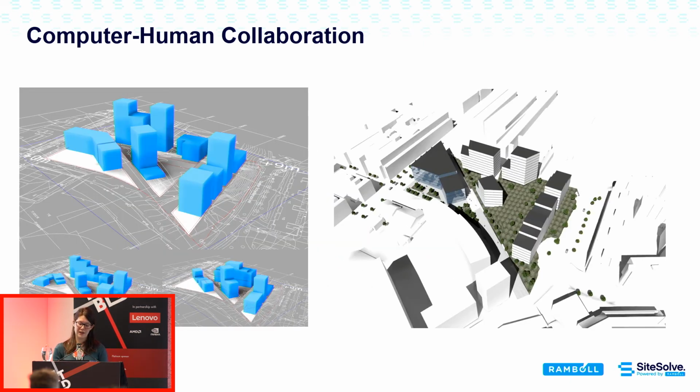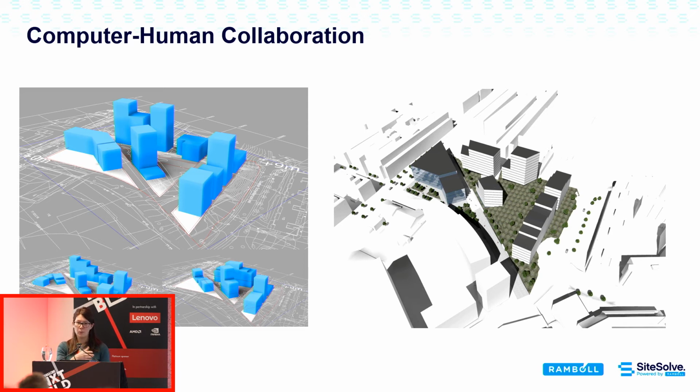We've also used it, and this is a very early version of SiteSolve, you might see that it's very different from what I was showing you earlier, to create lots of different solutions, and our architects are able to take some of the ideas and say, oh, we didn't think about this being here, and take the elements of the design and then evolve it more, taking it forward from what the tool created initially, but using it as a basis.